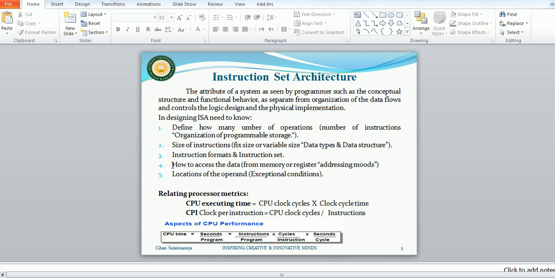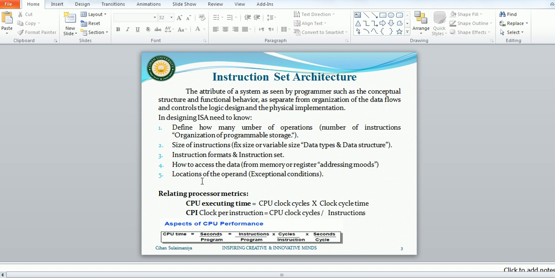Fourthly, we have to know how to access the data. There are two ways to access the data: are we going to access it from memory or from a register? So addressing mode is important here.